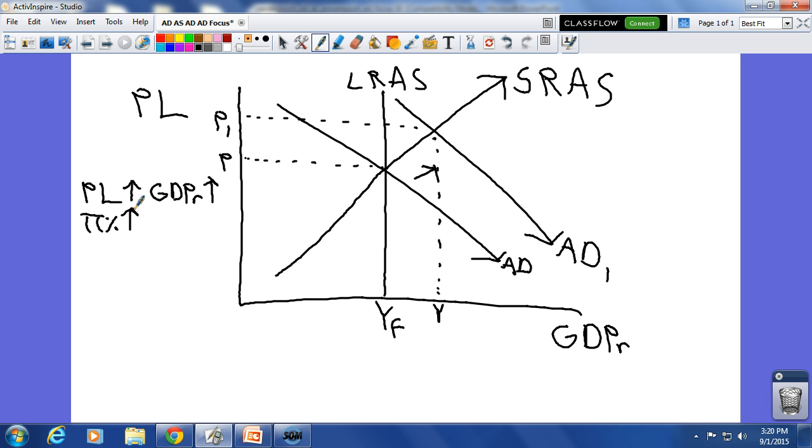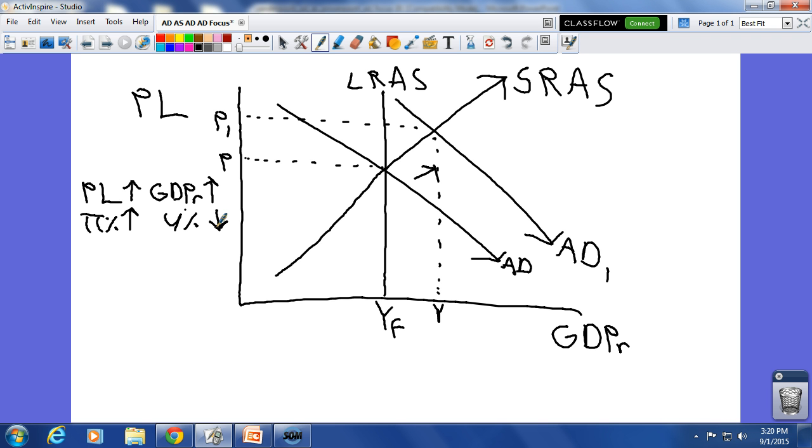Now, if we take a look here at the unemployment rate, we'll put that right below real GDP. The unemployment rate is going to be moving the opposite way of real GDP. And so therefore the unemployment rate is going to be going down. And why is that?